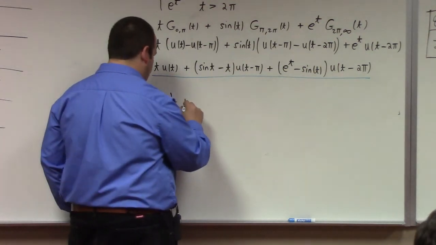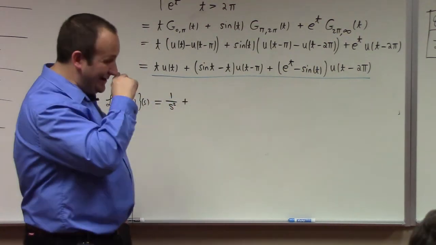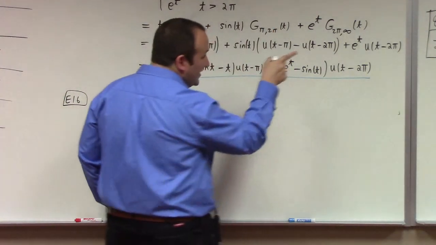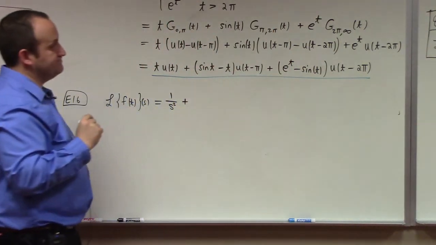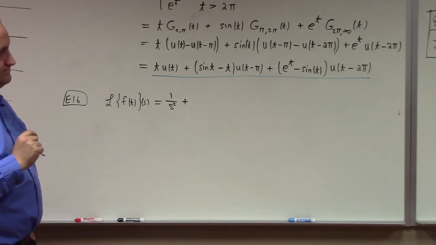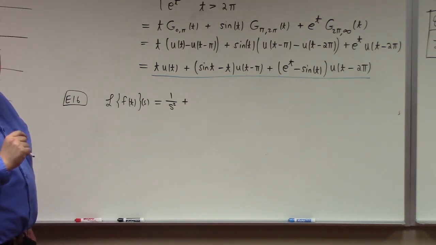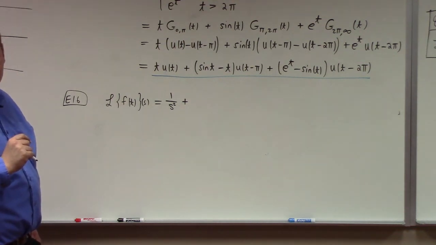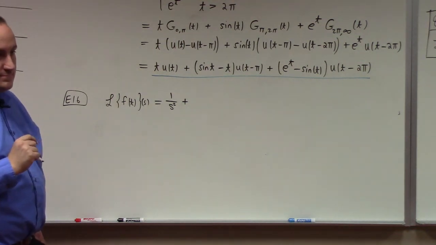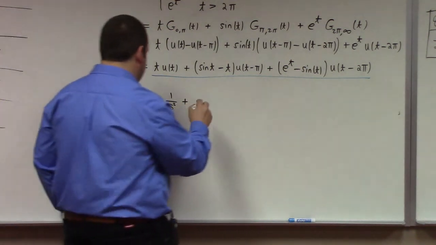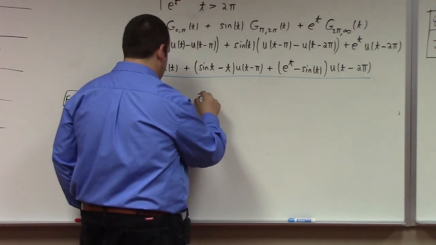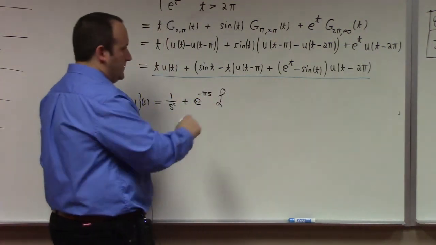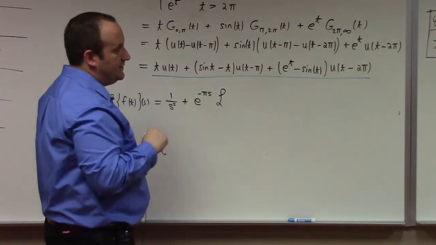Then I do what? Plus, and then I've got to use my equation 8 with a equal to what? The first piece has a equal to what? Pi. See? A is pi.